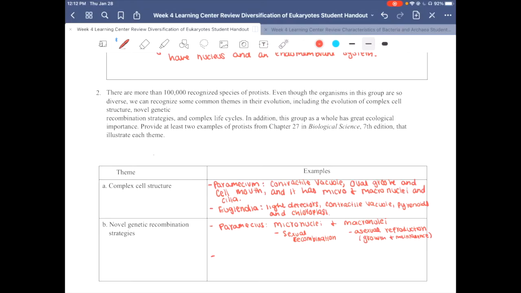Another protist example is Laminaria. What this protist does is that it shows an alternating generation between the gametophyte and the sporophyte. Does anyone remember if the gametophyte is a haploid or a diploid stage?